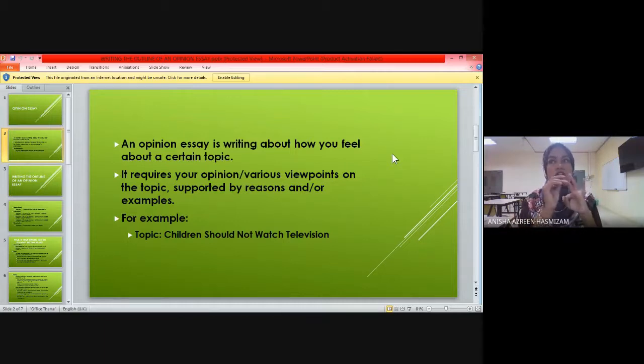First, because it will distract them from their schoolwork. Second, they will not be able to manage time, and third, they will be influenced by the media that is displayed on TV. That is your thesis statement basically. Minus the first, second, third yang saya cakap tadi tu lah. That is your thesis statement basically.